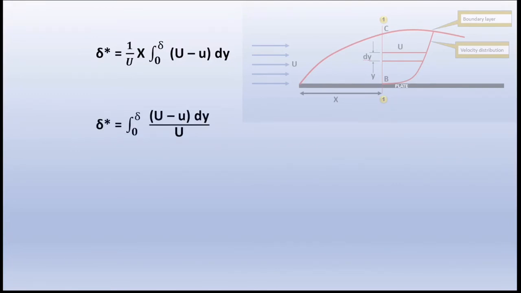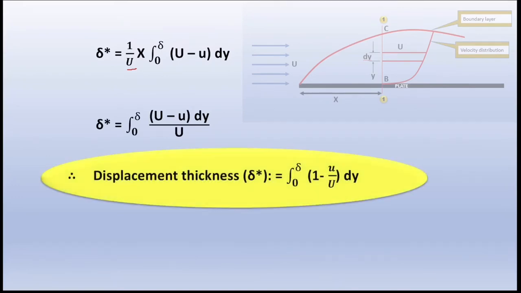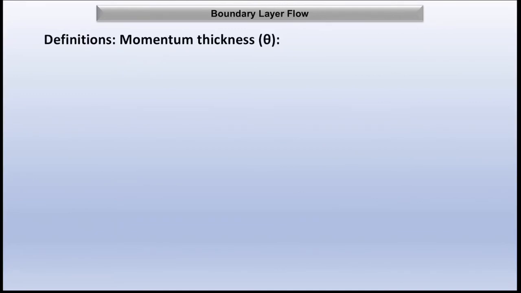Upon solving, 1 by U will be multiplied inside the integration, and it will become delta star equal to the integration between 0 to delta of (U minus u) dy by U. So this U will divide this U and it will get cancelled and become equal to 1, and these terms will remain as they are. So finally, the displacement thickness for the boundary layer we get is the integration from 0 to delta of (1 minus u by U) dy. So that was about the displacement thickness.